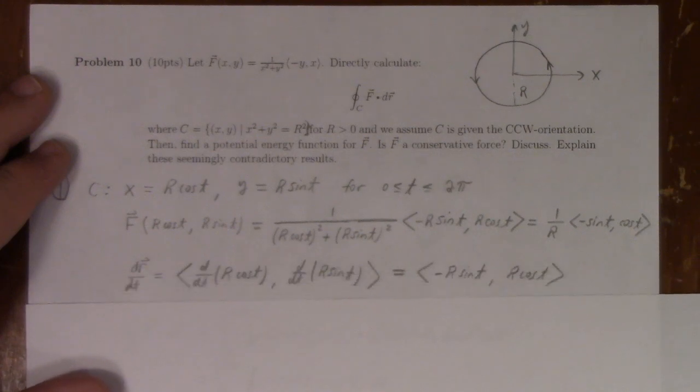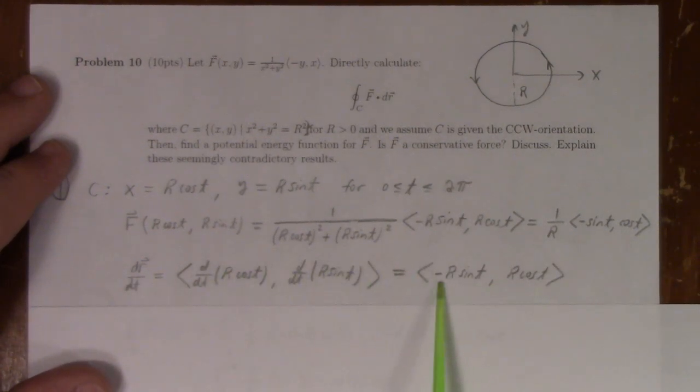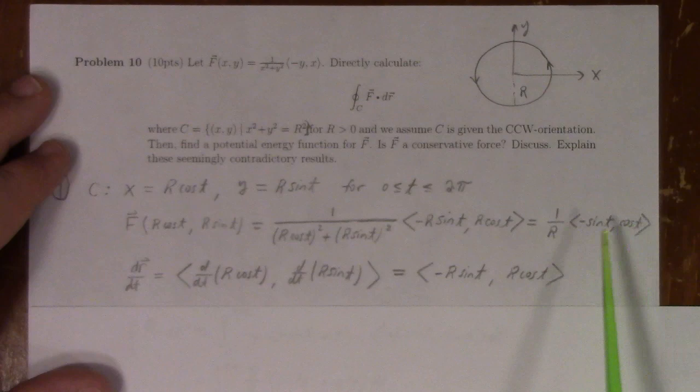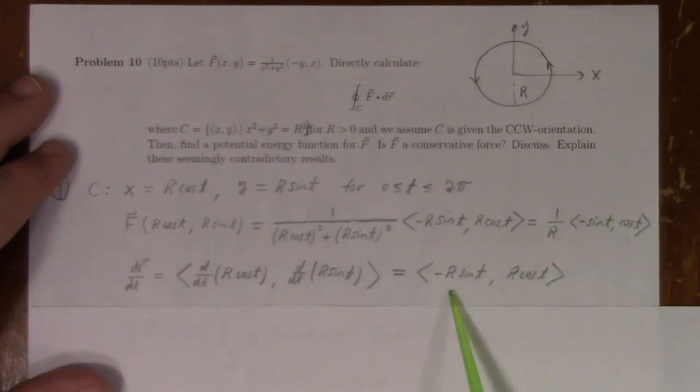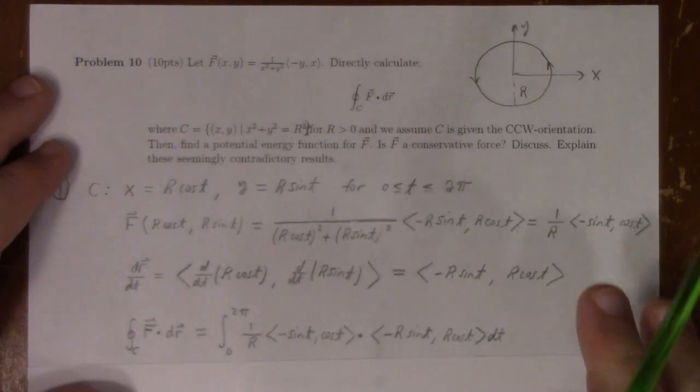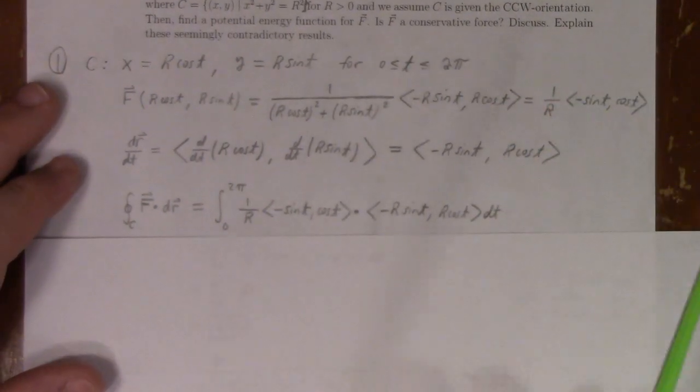On the other hand, the velocity for the parameterization is (minus r sine t, r cosine t). So you notice that the velocity and the force are parallel. They're in the same direction, right? So when you take the dot product of them, you just get the product of their magnitudes.